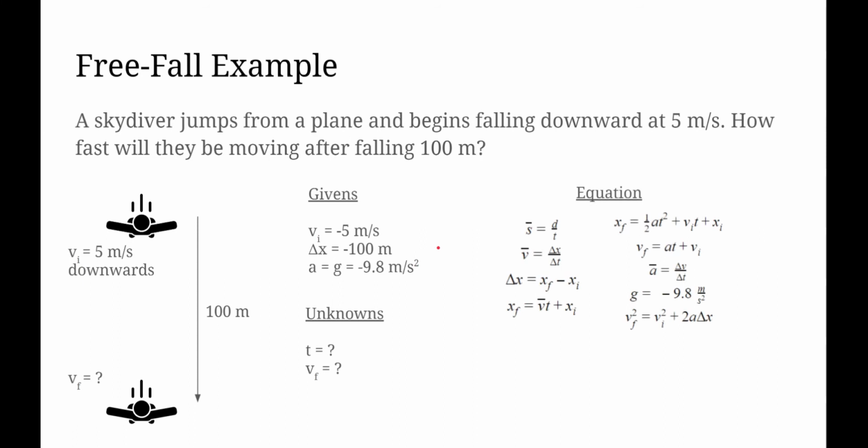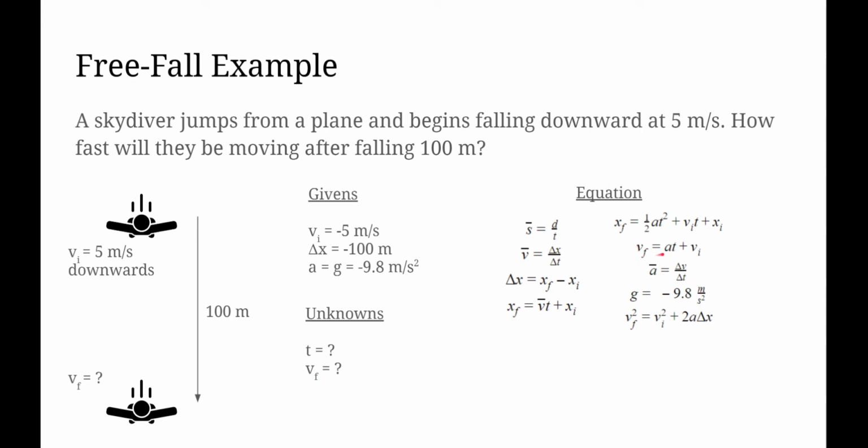So we look at our equation list again, and we want to rule out, first up, anything that doesn't have acceleration in it, because we know we're going to be using acceleration. And then we want to pick out our equation that will let us find final velocity. If we look here, we have a couple options that have final velocity in it and acceleration. It could either be this one right here or this one right here.